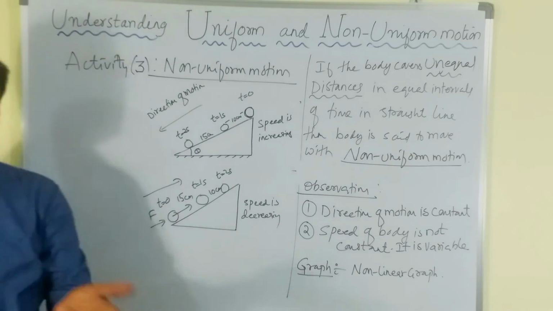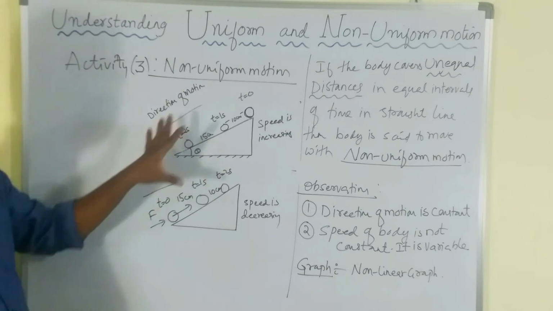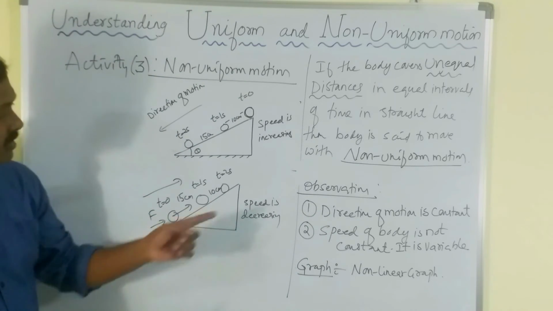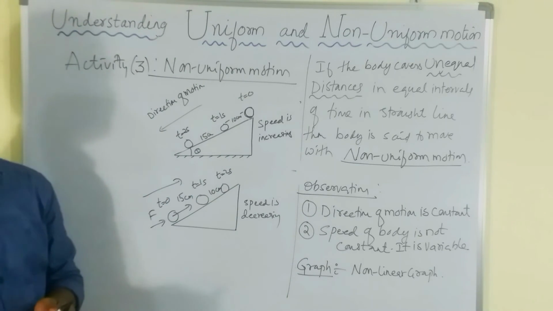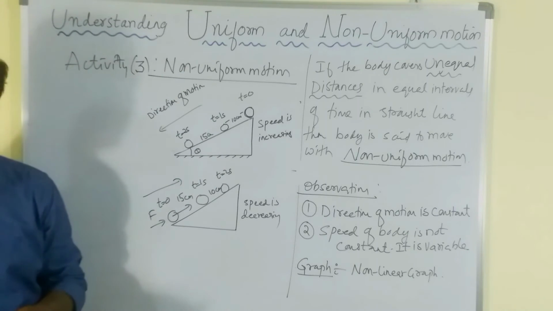This is the other example, same as activity 3. The main thing is that the direction of motion is constant, but the speed of the body is changing. So this kind of motion is also called non-uniform motion.